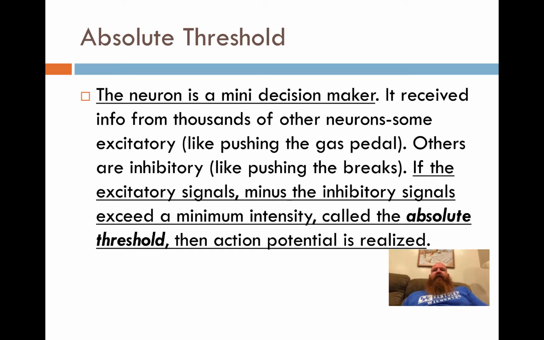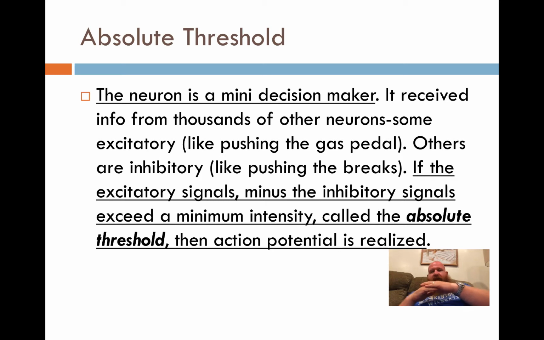You've got all these cells giving all of this information. These are the excitatory, they're trying to excite the cell. Then you have other neurons that are sending stuff that is inhibitory, pushing it down. So you've got these two things working against each other.